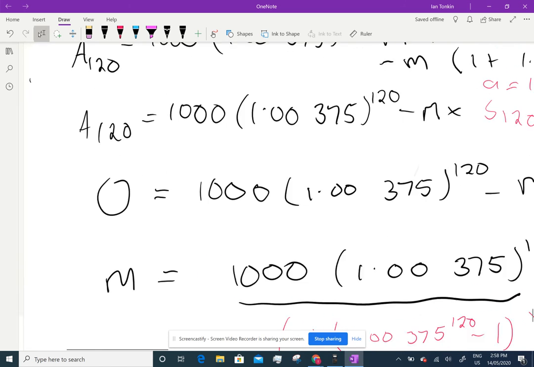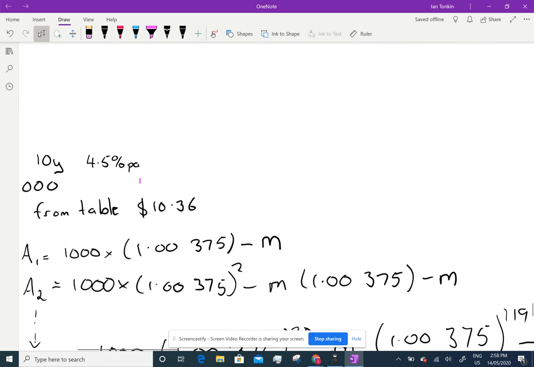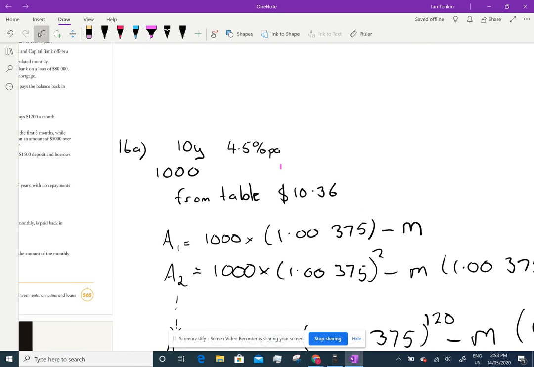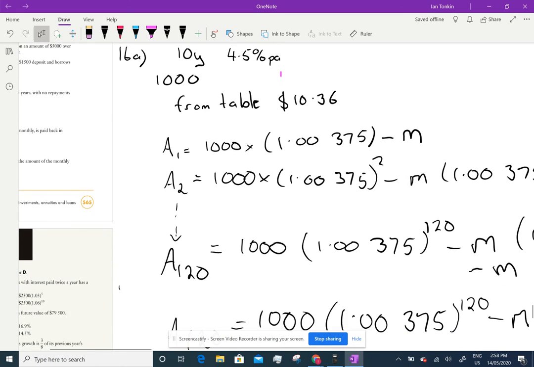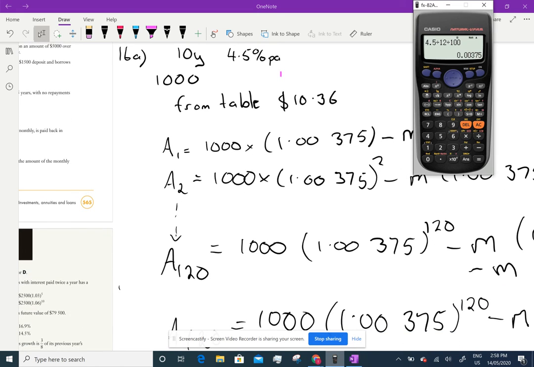Now we're right, and that's what I mean. I wouldn't have realised that if I weren't doing a proof. So there's my answer. I must have divided by 1,000 the first time.